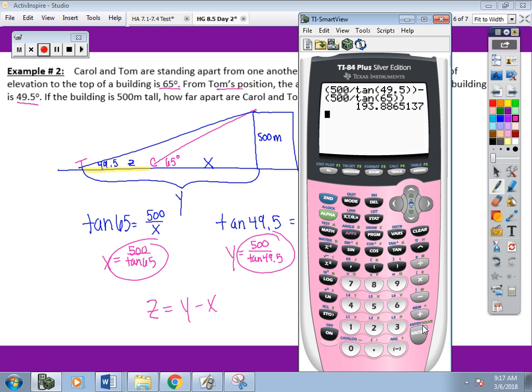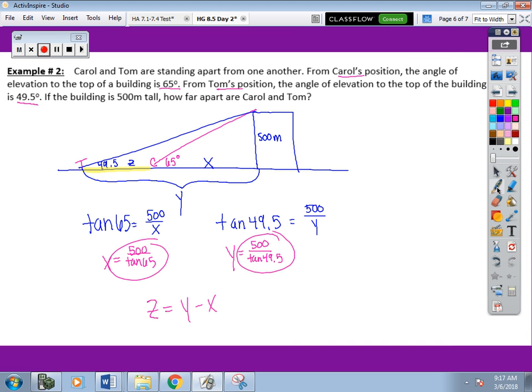193.886, and the directions don't tell us what to round to, so you could make the call. Let's just go ahead and round to the nearest tenth, which would be 193.9 meters.